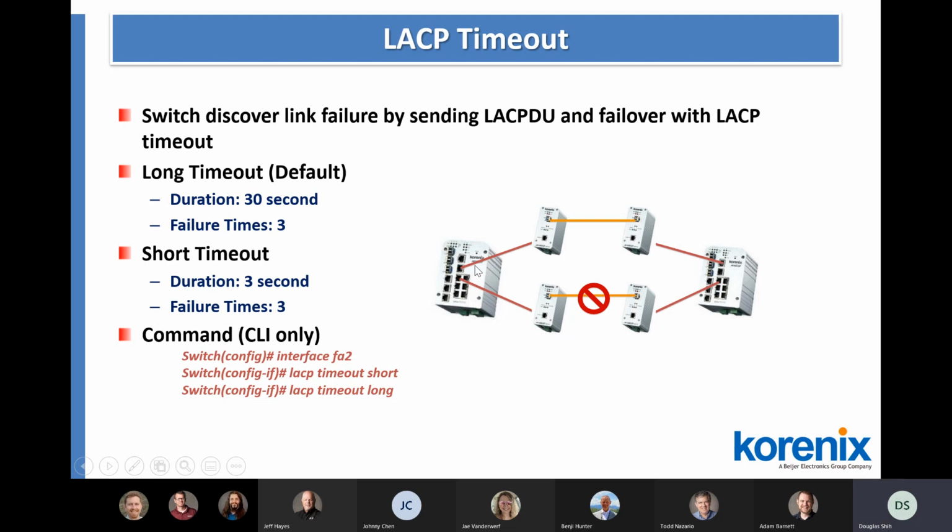So at that time, the traffic will only be sent from the first link, and will not be sent from the second link. And there are two different settings, long timeout and short timeout, which depend on the durations for the LACP. But the setting is only accepted in the CLI. So if you want to set up the LACP timeout settings, you should use the CLI to finish the configuration.